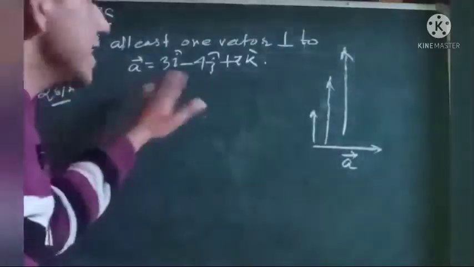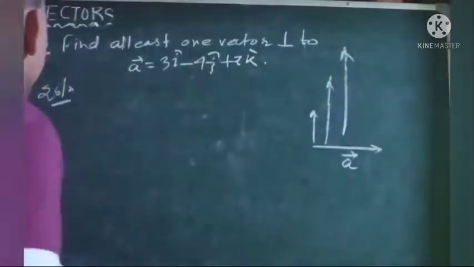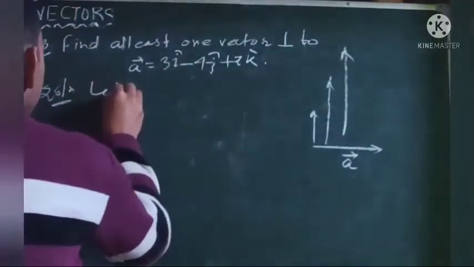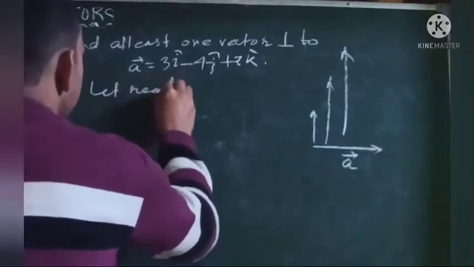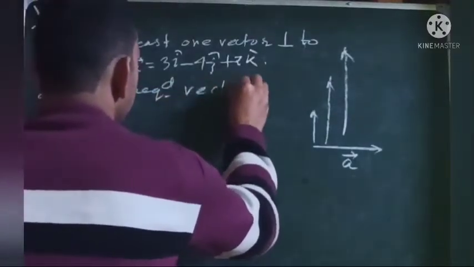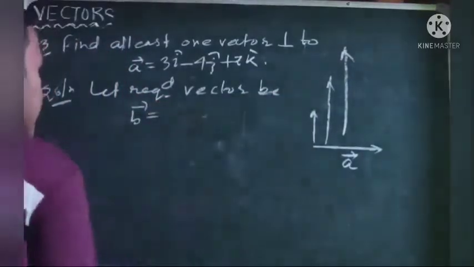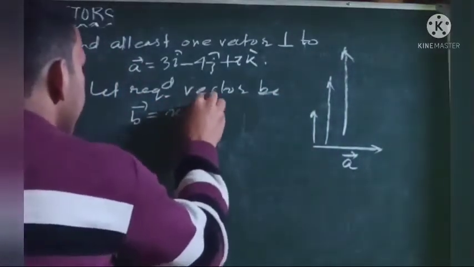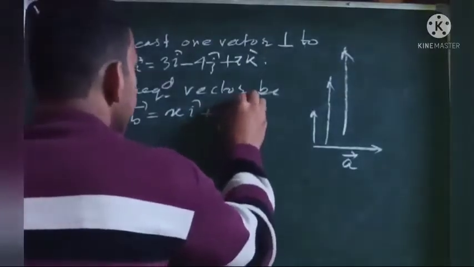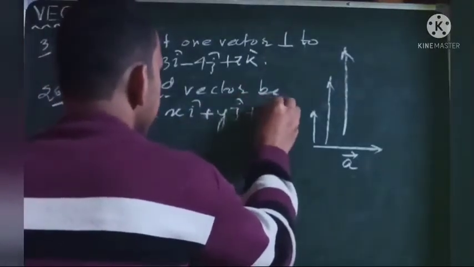Now we have to find at least one of these perpendicular vectors. Let the required vector b vector be xi cap plus yj cap plus zk cap.